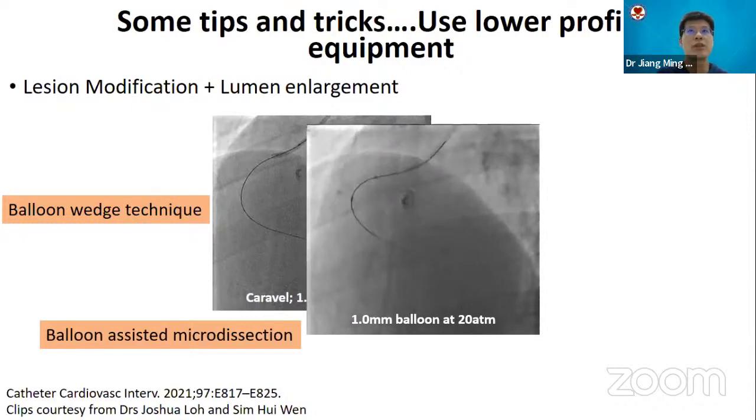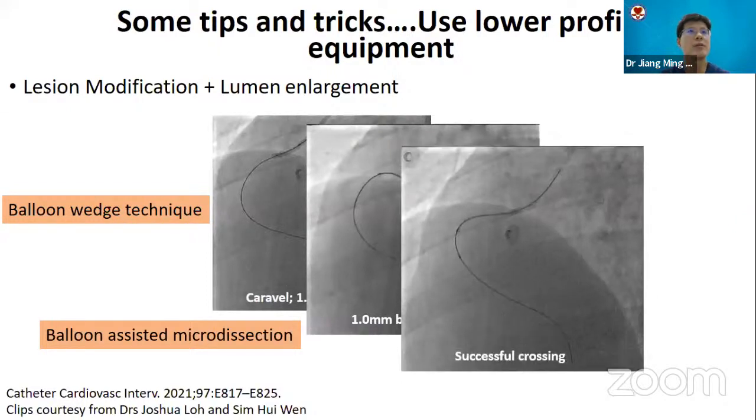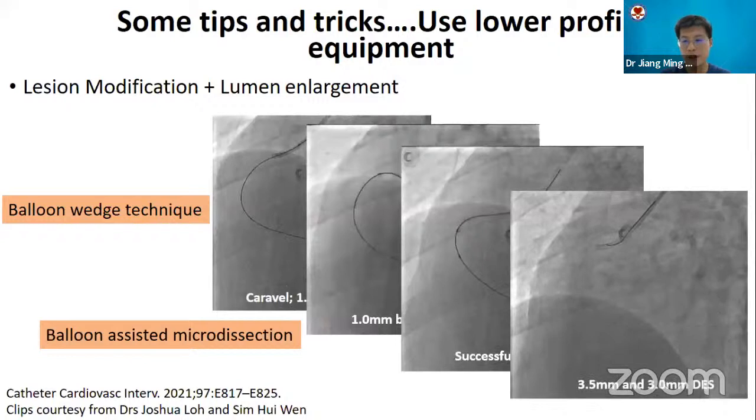Previously, the lesion could not be crossed despite the Caravel microcatheter and even a 1.0 balloon. The subsequent clip shows a successful crossing of subsequent equipment and the final result after stenting with a 3.5 and 3.0 DES.